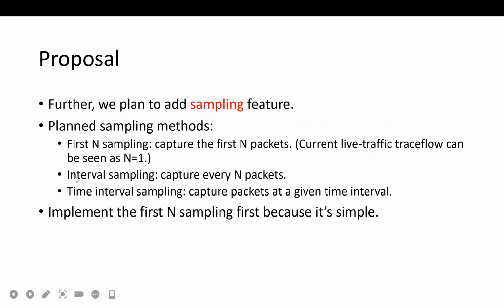Then we have the interval sampling: we can capture 1 out of every n packets. And the third is the time interval sampling. This means capturing packets at a given time interval, such as 1 second. We plan to implement the first-hand sampling first, because it seems the most simple.